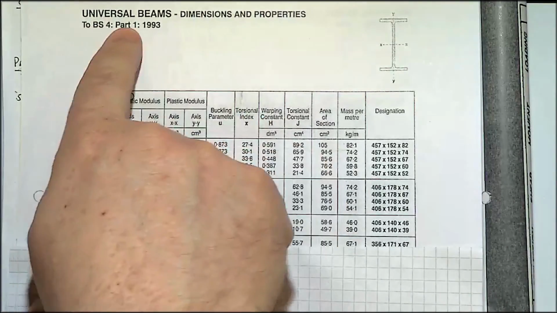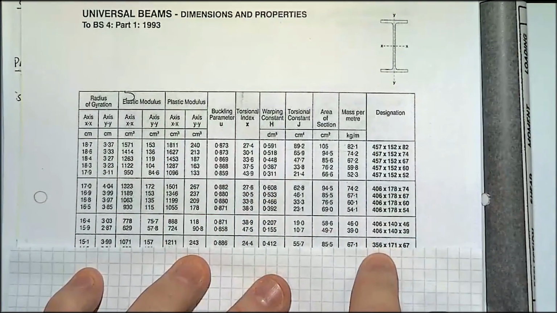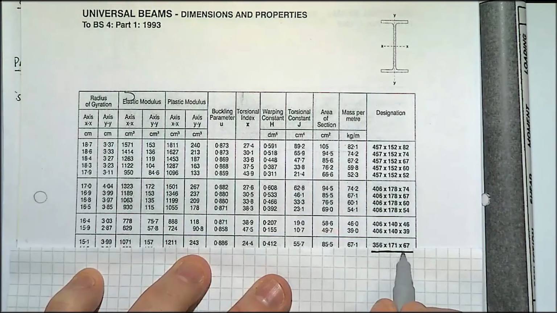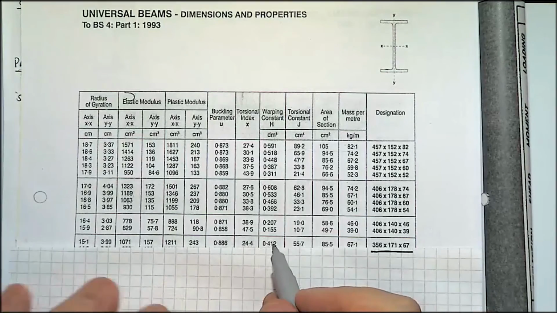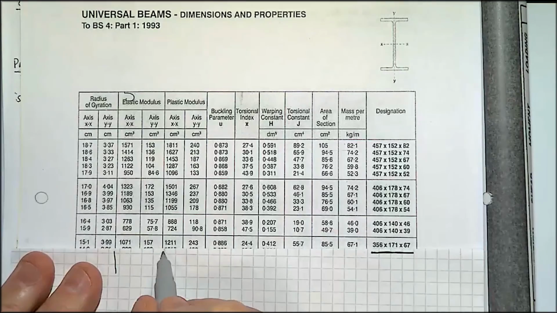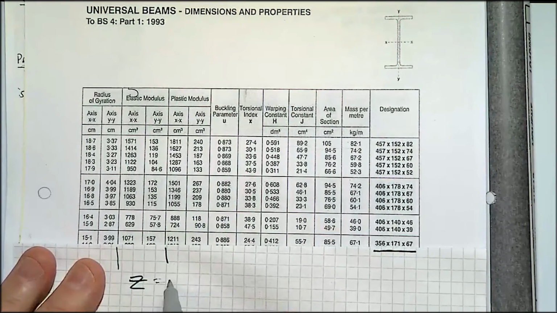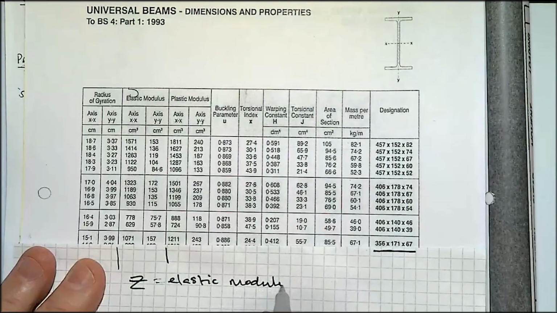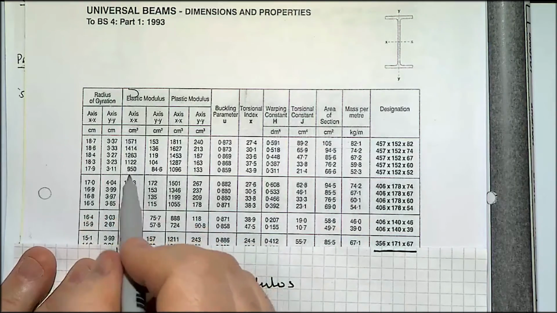This is from like the British Standard 4. So I'm trying to find this beam. So I've got 356 by 171 by 67. Then I'm going along until I find my Z values. These are my Z values. The Z is the elastic modulus. And you're given these in terms of XX.